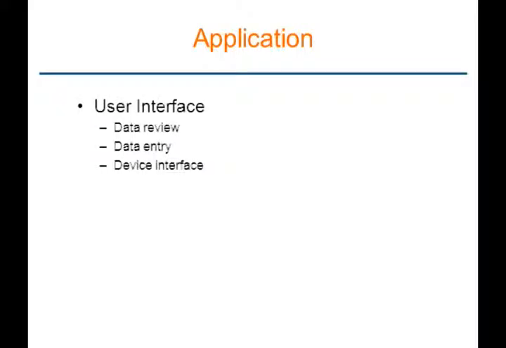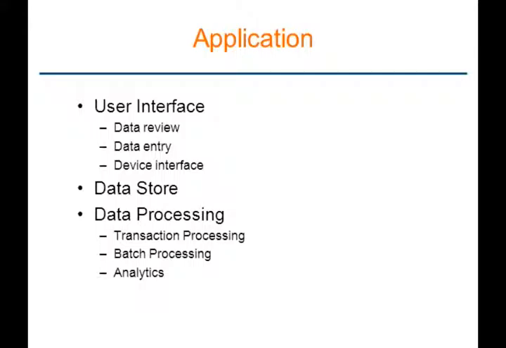We now move on to applications, and in applications we first consider, for simplicity, that there are 3 components. One, there's a user interface where data are being reviewed and added, and if it happens to be a device, then the device interface is what the user interface is about.